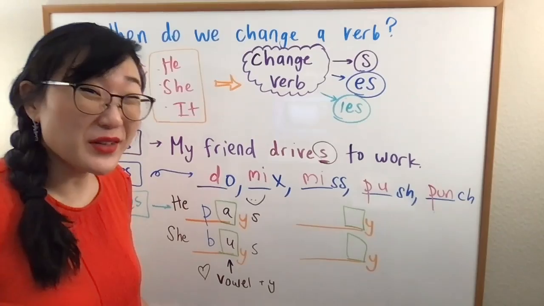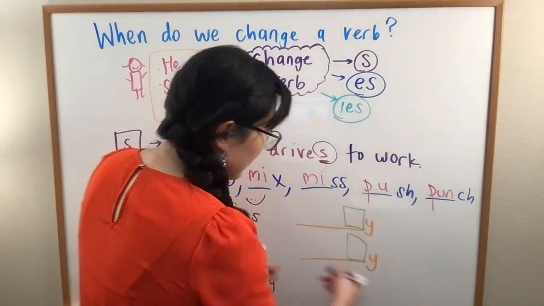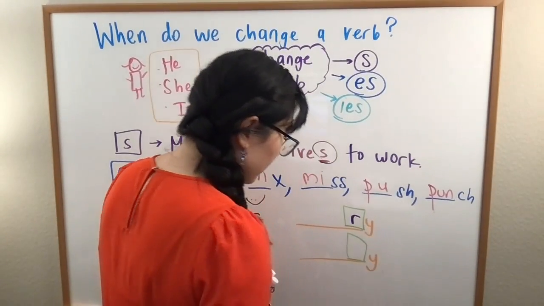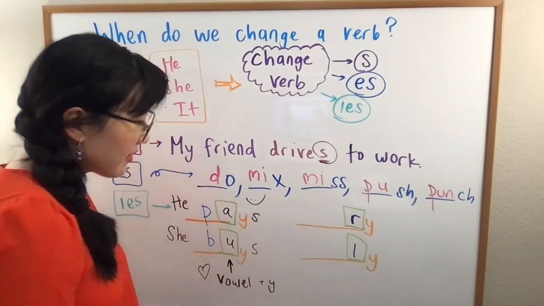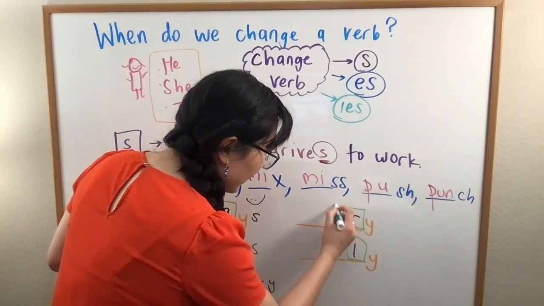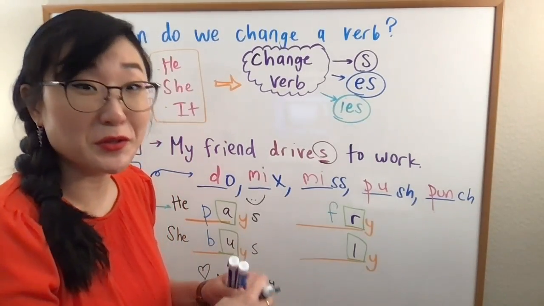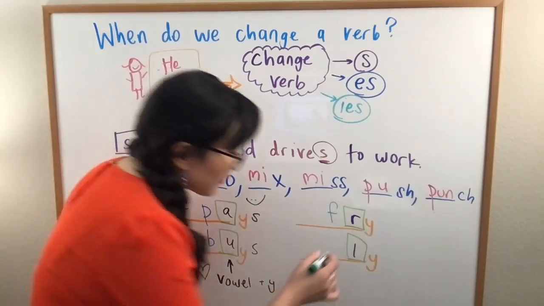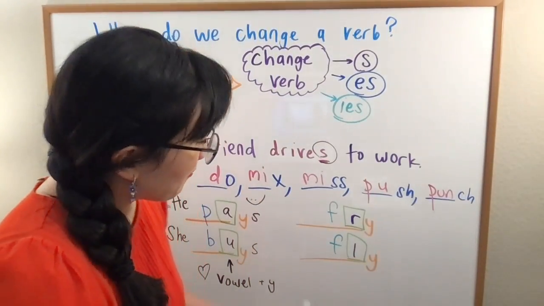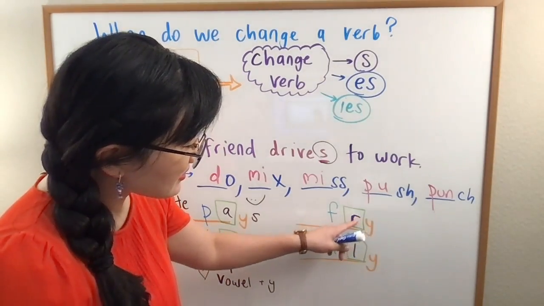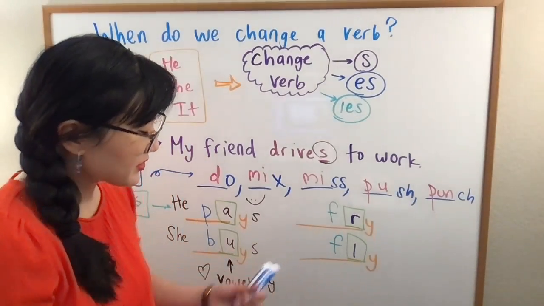But when you have a consonant in front of this Y, for example, if I say, fry. For example, you fry chicken, you fry noodles, or if I say fly, both of these are consonants. Fry, fly. I'll give you another example.